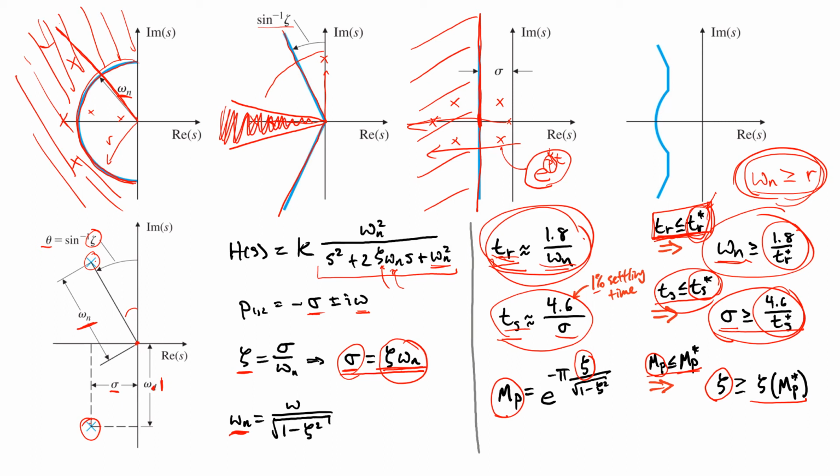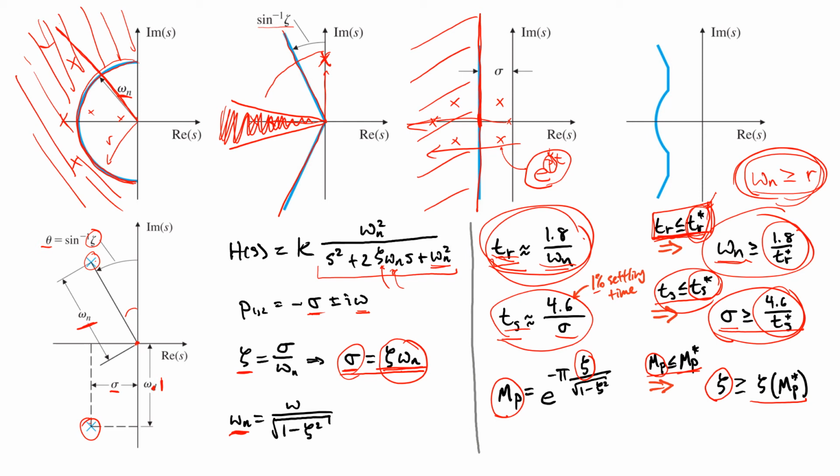And so, again, this kind of makes sense because zeta value, again, we call it the damping ratio, and that's really related to how much oscillation you're going to get. And part of the reason why zeta is 0 here is because you have no damping if your poles are on the imaginary axis. That's an example of a system that will just continue to oscillate.